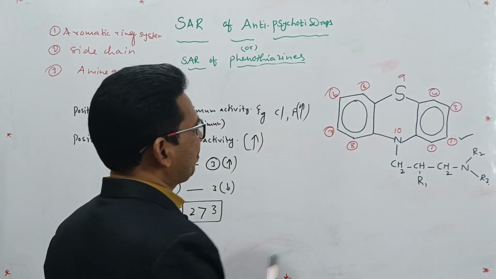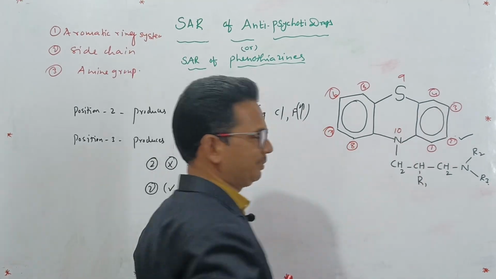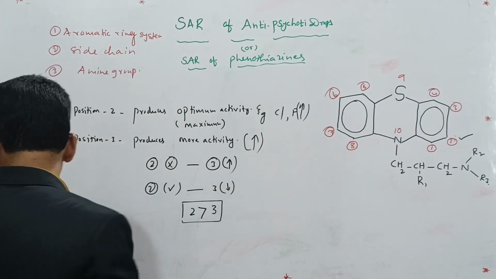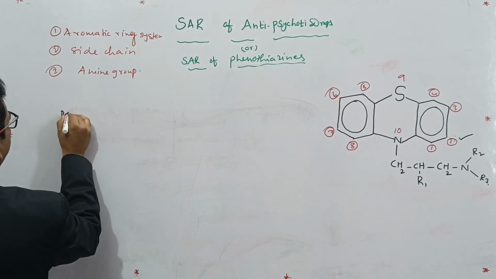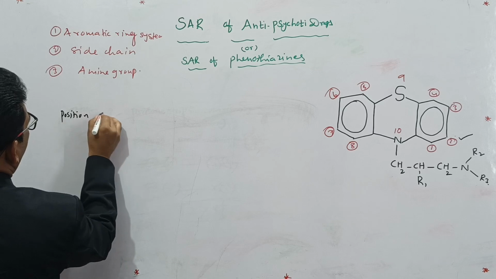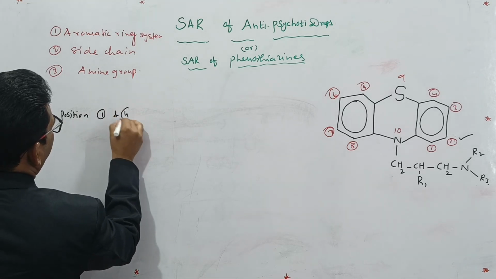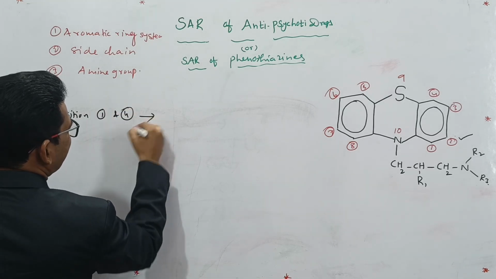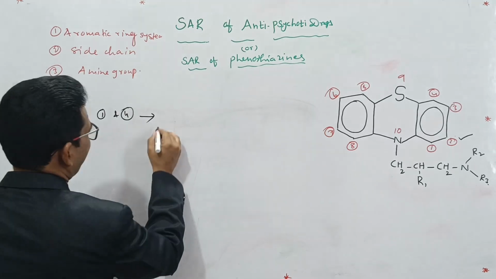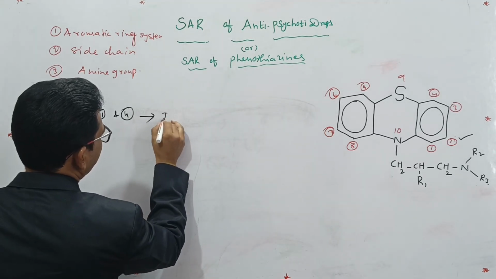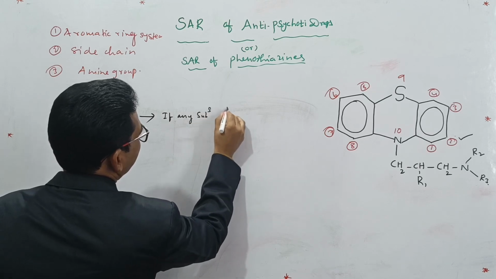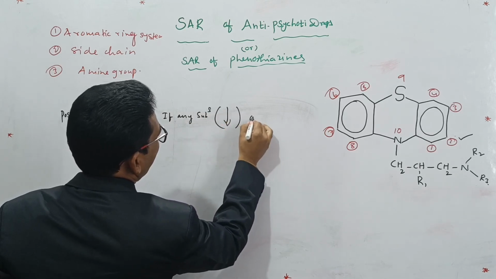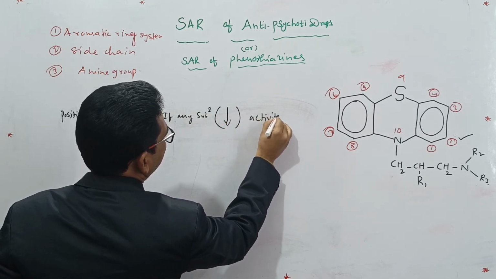Now you can see the 1 and 4 positions. If any substitution is made here, what happens? Any substitution decreases the activity, remember that.